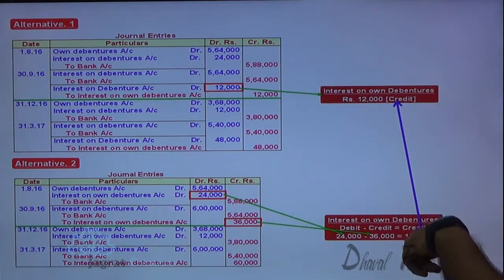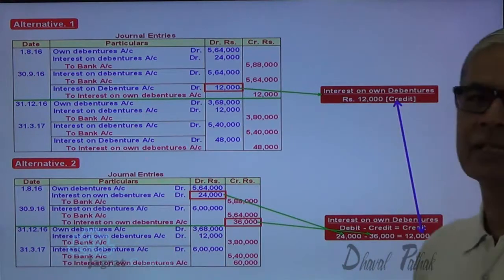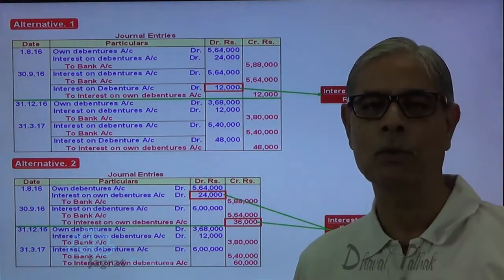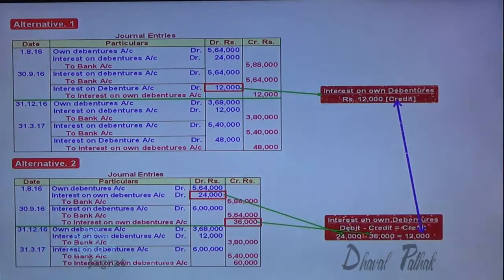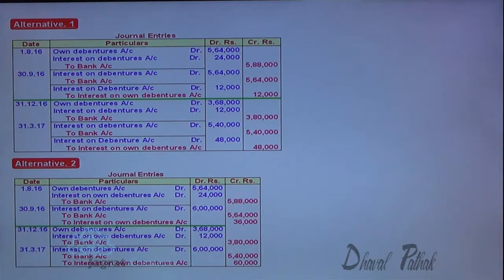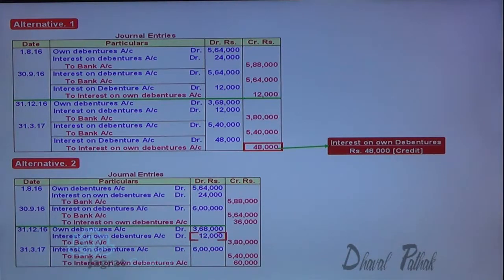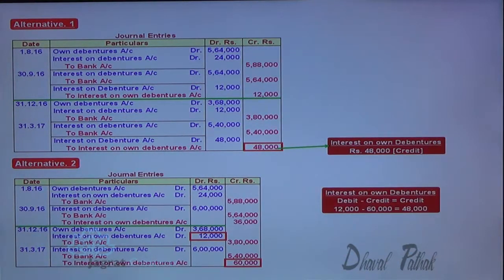So the same 12,000 is credited to interest on own debentures account, which is transferred to sinking fund account at the end of the year. In the second half of the year, 48,000 is credited to interest on own debentures account. Here also 12,000 debit, 60,000 credit, so 48,000 is the net amount. So the amount credited to interest on own debenture account is also 48,000.